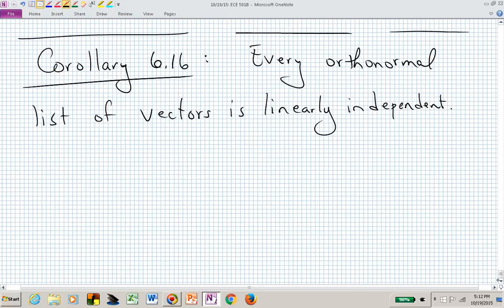And remember, this list doesn't have to be a full list. Maybe I have a 10-dimensional space and I just have 3 in my orthonormal list. Those 3 are still linearly independent. So now let's just look at this proof.